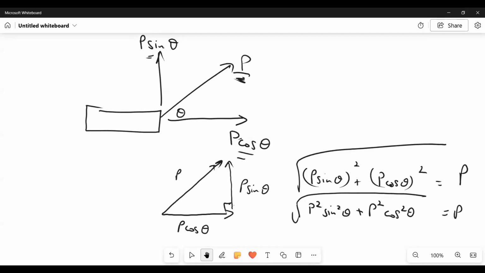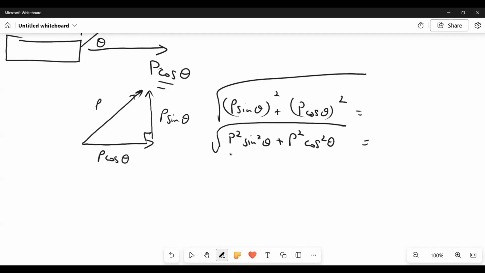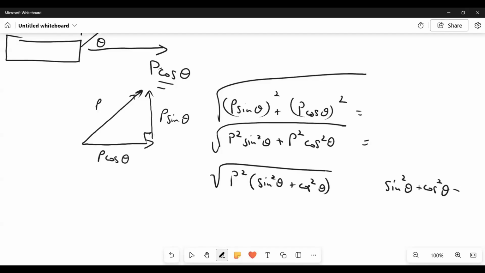Well, I shouldn't say it's P. Let me show that it's going to be equal to P. We know it's going to be equal to P. Let me show you how that happens. So this here becomes P squared bracket sine squared theta plus cos squared theta, right? Now, there's a bit in mathematics that says sine squared theta plus cos squared theta equal 1.